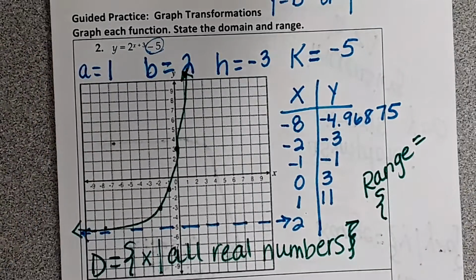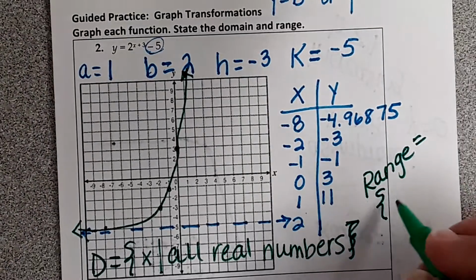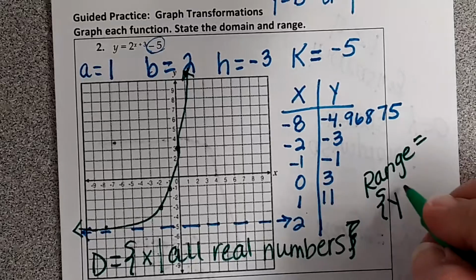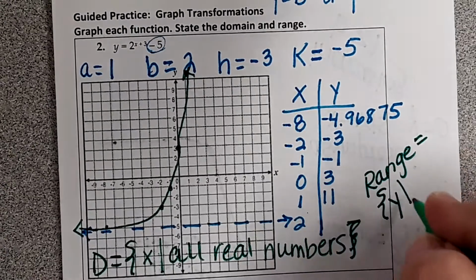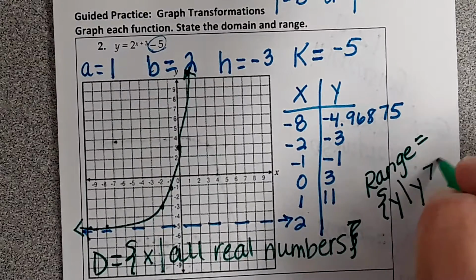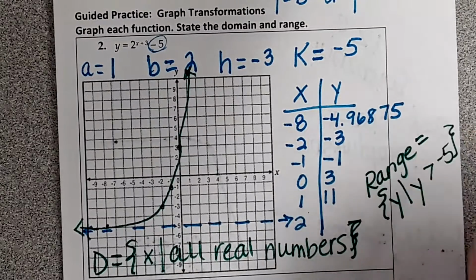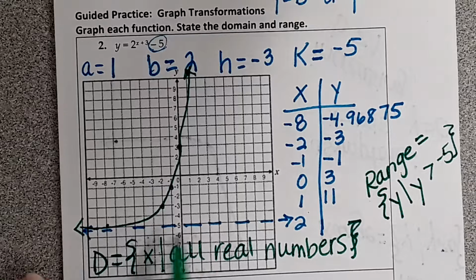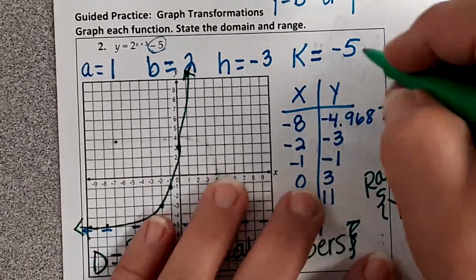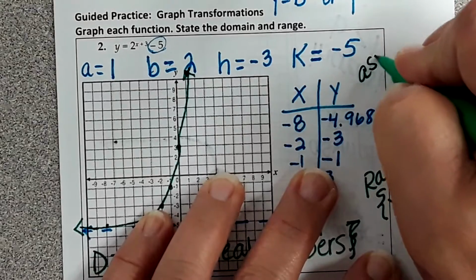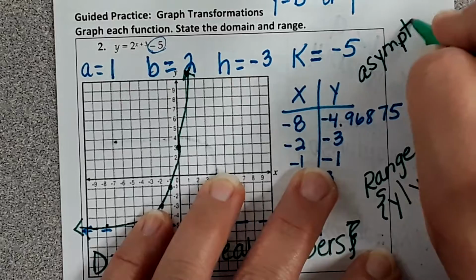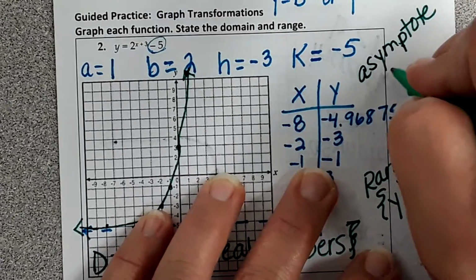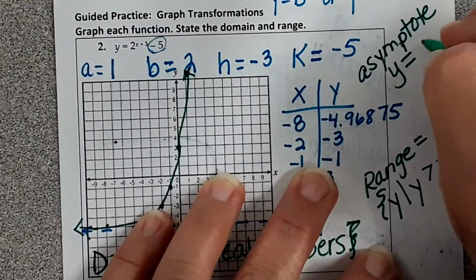Okay, so what line is it approaching? So do we want it to equal -5 or be greater than -5? Yep. So again, your range depends on what line it's approaching. And it's approaching that -5. So that means my asymptote is what? Y equals -5.